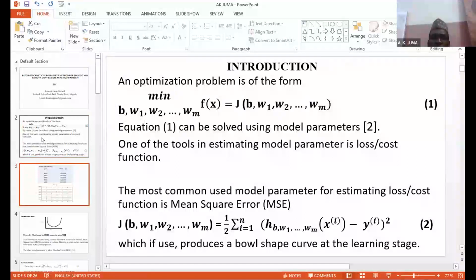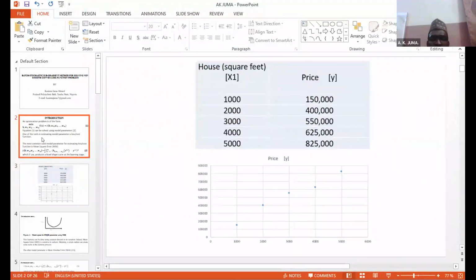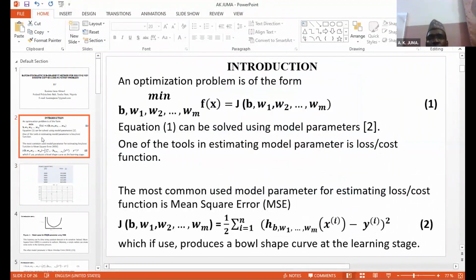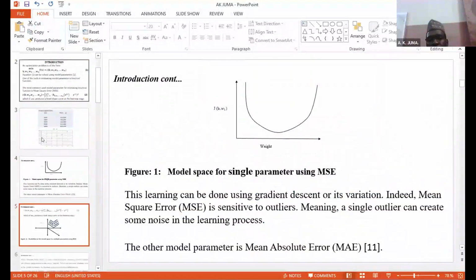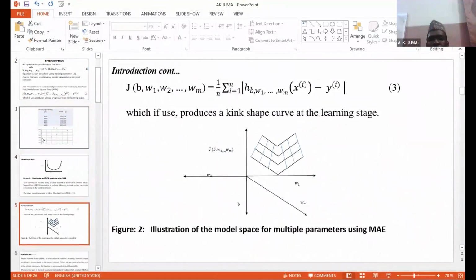There is also another loss function called mean absolute error. If we adopt mean absolute error, which is this loss function that you have at the top here, then we can optimize parameters B, W1 up to Wm using the sub-gradient method.